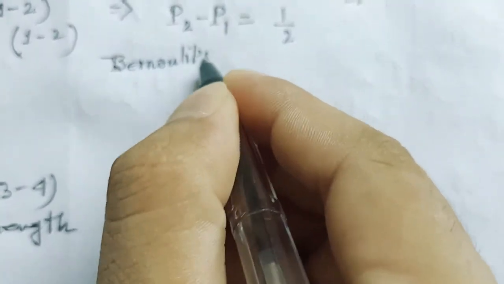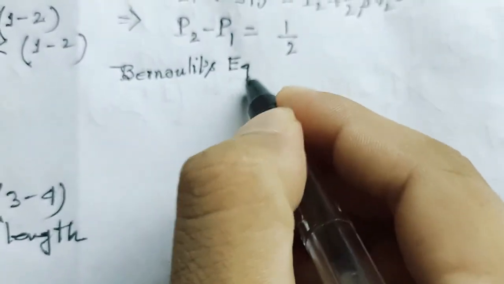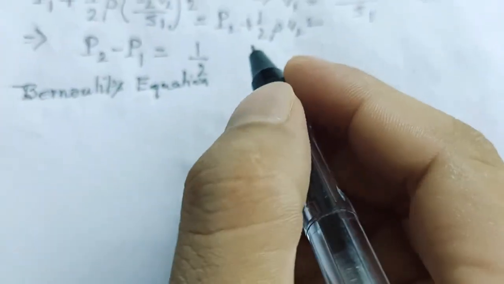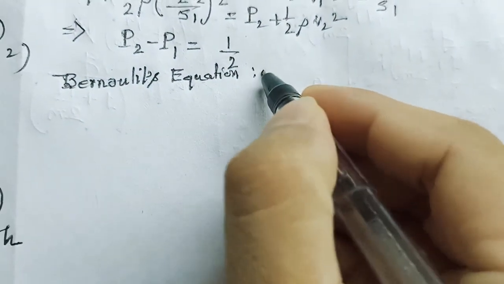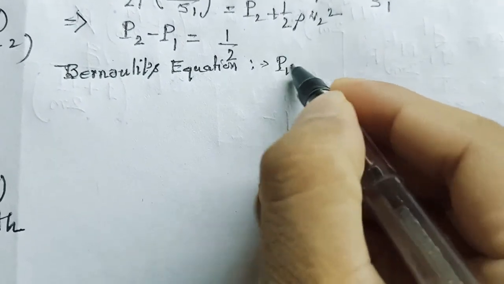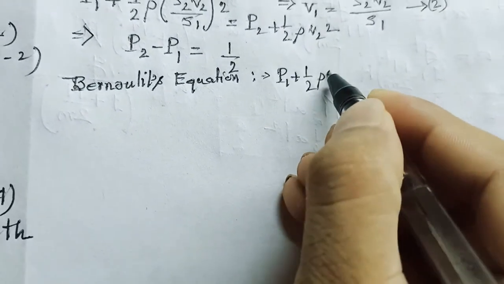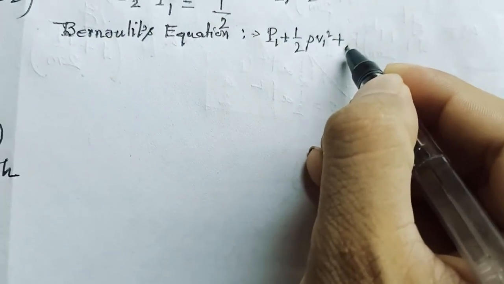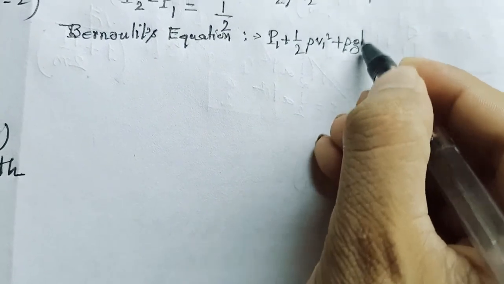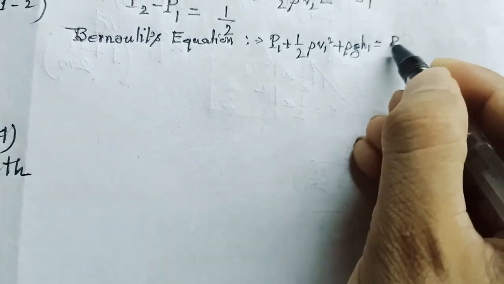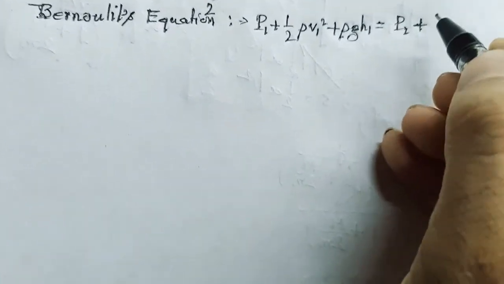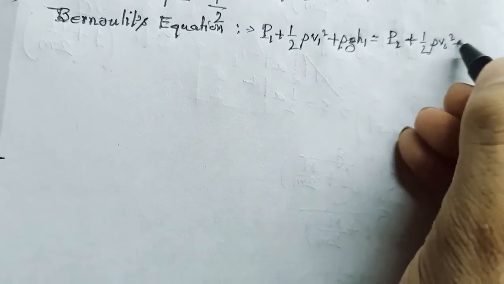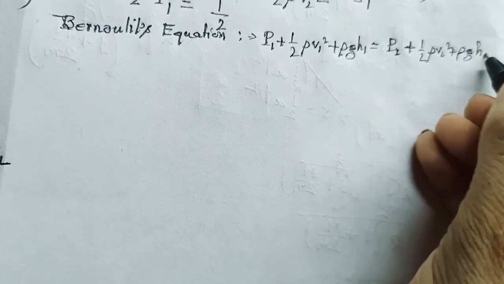So the Bernoulli equation is P1 plus half rho V1 square plus rho g H1 equal to P2 plus half rho V2 square plus rho g H2.